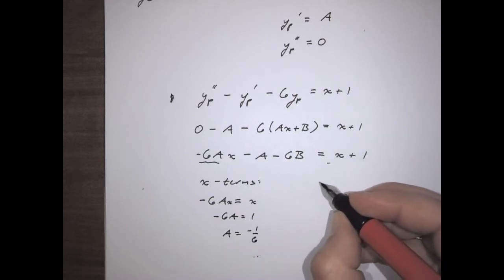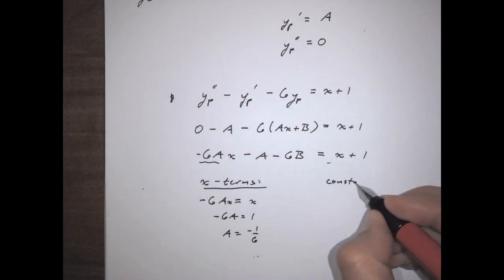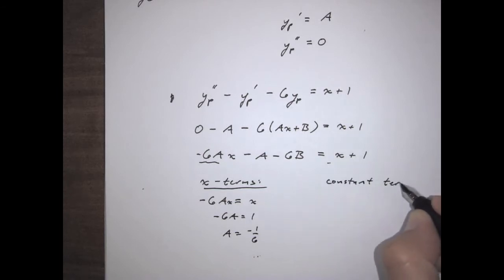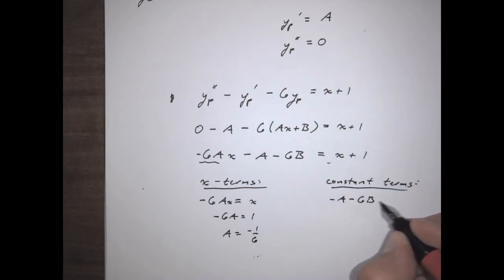And then from the constant terms, what we have is negative a minus 6b equals 1. This is, by the way, also what you get if you just think of it as plugging in 0 for x.